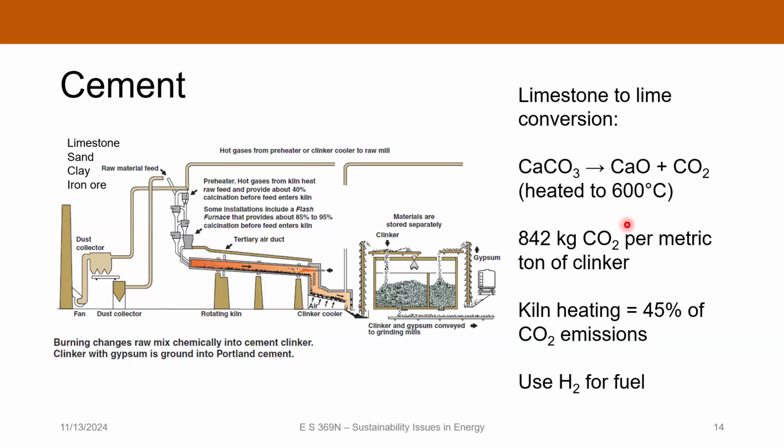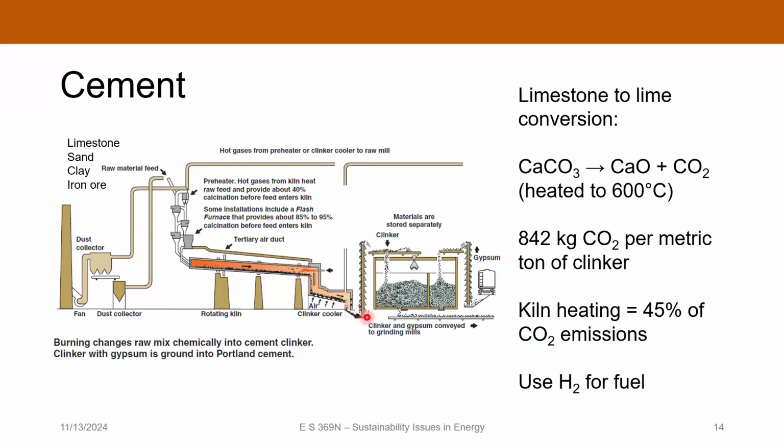What happens in the kiln is there are some chemical reactions, one of which is the decomposition of the calcium carbonate that's in the limestone. It produces this material called lime, which is calcium oxide, and releases CO2. Okay, so you cannot make cement without this reaction happening, and it just generates CO2.